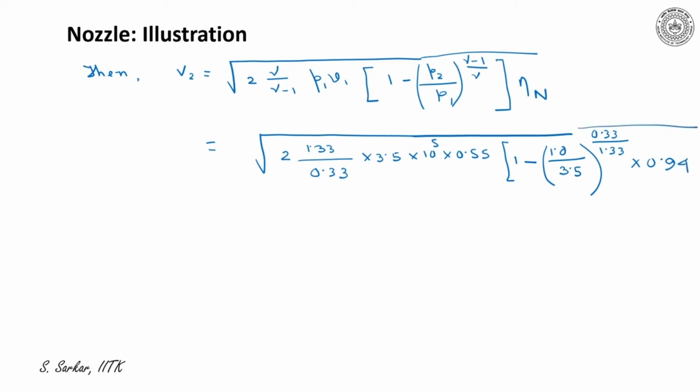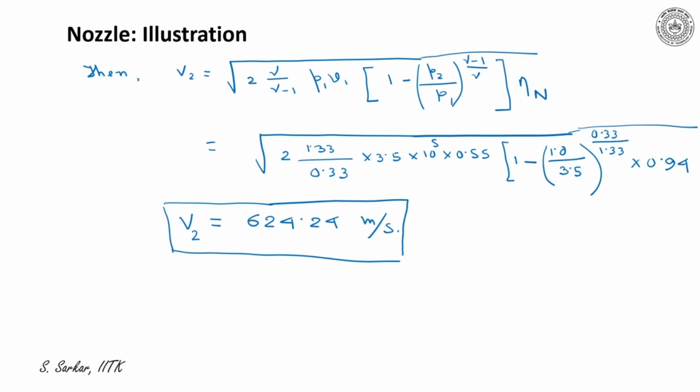Now if you calculate, you will get actual velocity as 624.24 meter per second. Thus, I have evaluated actual velocity, right?